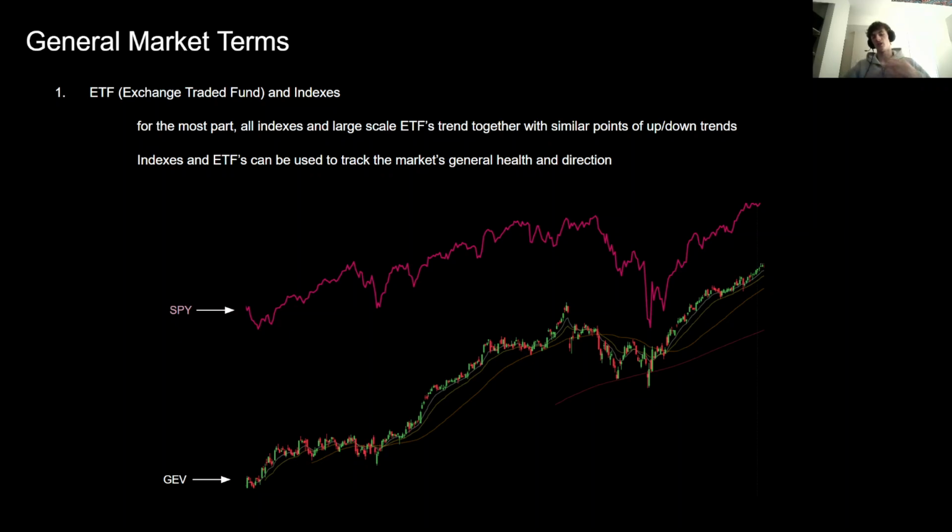Because if SPY is the top 500 companies and SPY is going down, that means that the largest companies are falling and that the general market is sort of going down. And if a single stock is able to hold that pressure and then move up eventually, it means that it's displaying a lot of strength and it's basically ready to go. Is a good way to think about it.